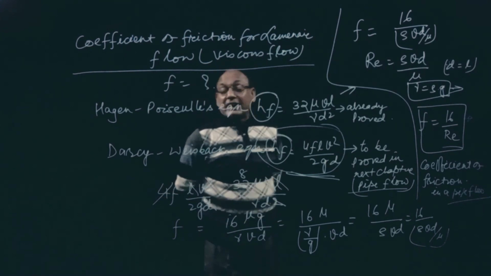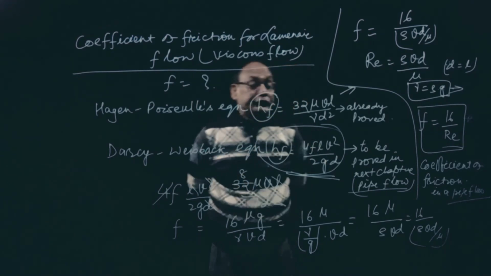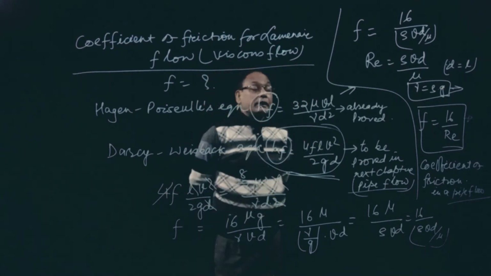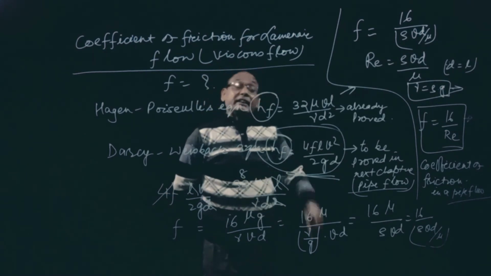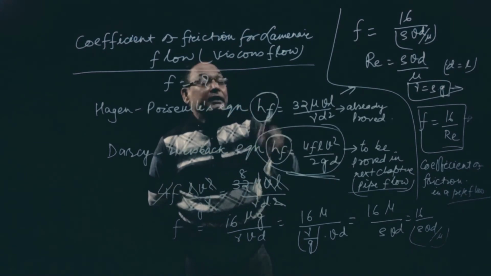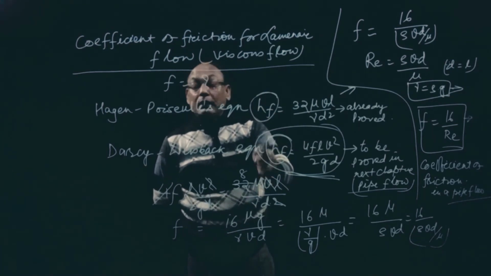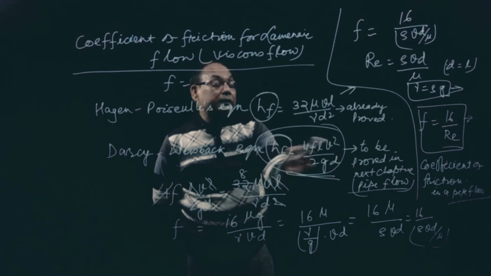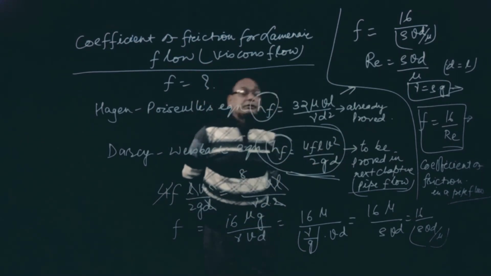Another is the Darcy-Weisbach equation, HF equal to 4FLV square by 2GD. This equation will be proved in the next chapter, that is pipe flow. It is also head loss due to friction, and it can also be used for laminar flow.